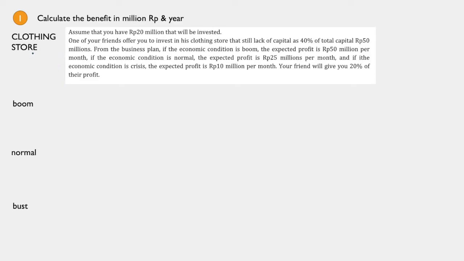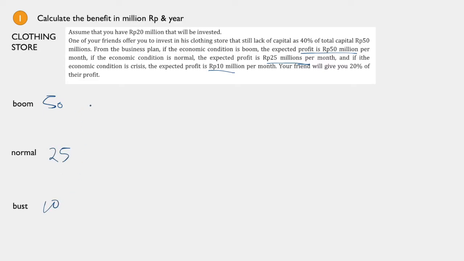Our first option is the clothing store. We have three economic conditions here, boom, normal, and bust, which will affect our profit. So on boom, the profit is 50 million, on normal is 25, and on crisis it's 10 million. So put it here.